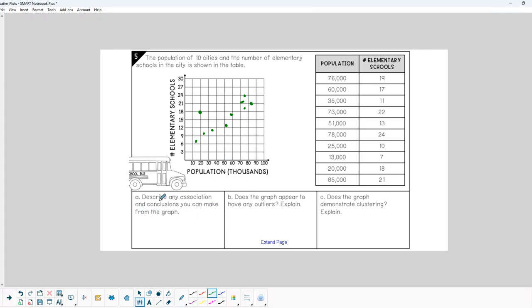Okay, describe any association and conclusions you can make from the graph. Well, it's a positive association. More kids, more schools, right? More kids, there are more schools.